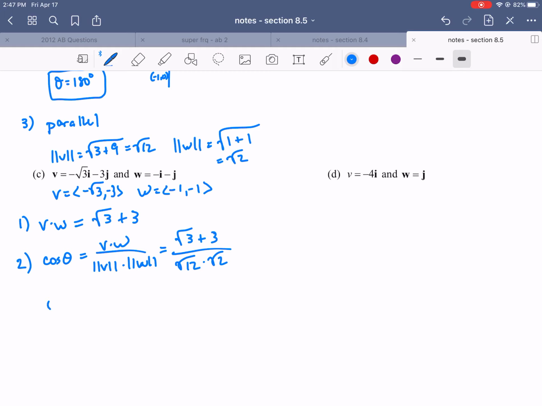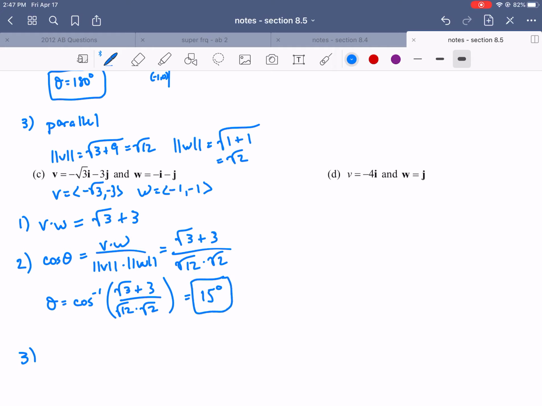And so therefore, this is going to be a calculator question. Theta is going to be cosine inverse of that strange number there, √3 plus 3, divided by √12 times √2. And make sure your calculator is in degree mode when you do this. And if it is, then what you're going to get as the answer is 15 degrees.